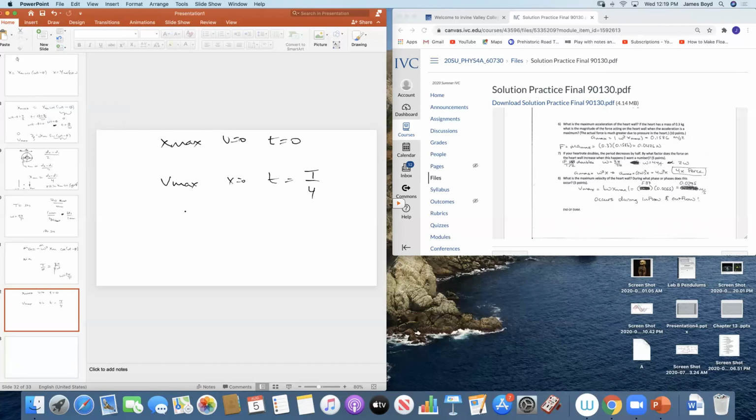Then at negative x max, v is 0, and v max and x is 0 again at t equals the half, at t equals the 3/4.